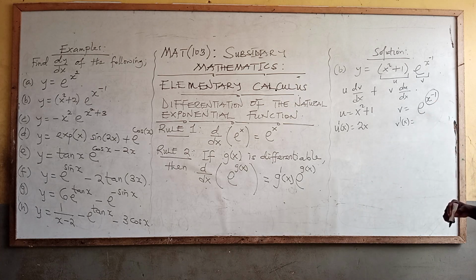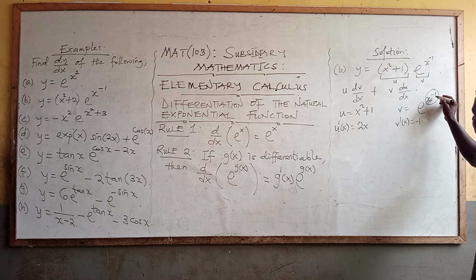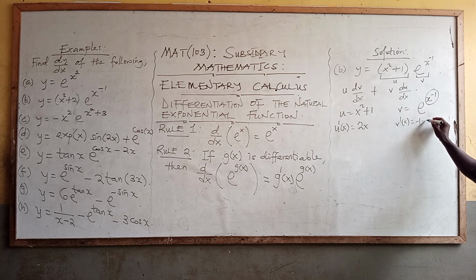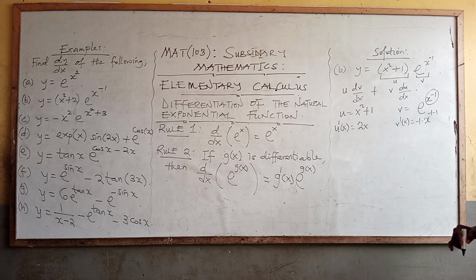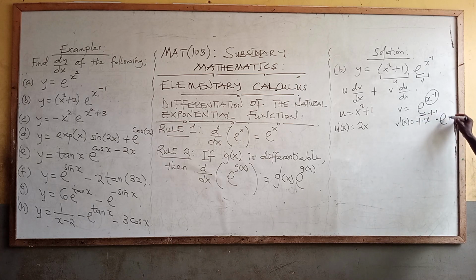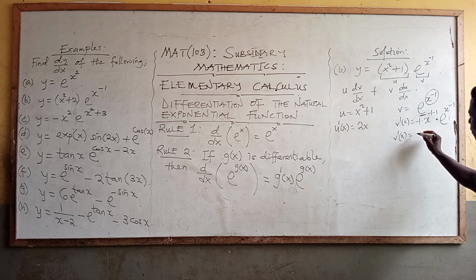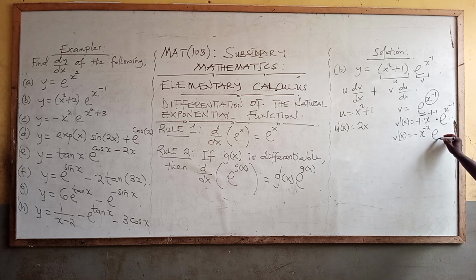When we differentiate x to the power negative 1, we get negative 1 times x, then we subtract 1, then we multiply it by the exponential function. So v prime of x equals negative x to the power negative 2 times e to the x to the power negative 1.